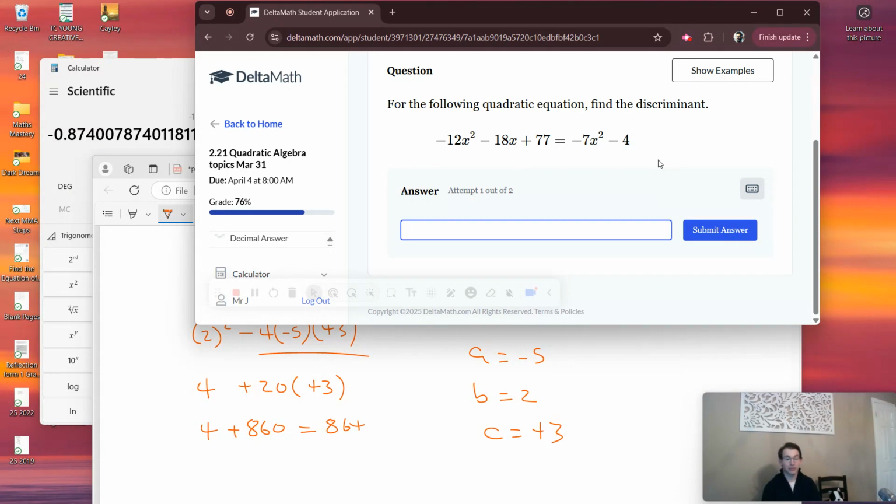The discriminant is 324. Okay, that's why I got 324. Plus 5... it's always 20 times. That's hilarious. 20 times 81 is 1620. So 1944.